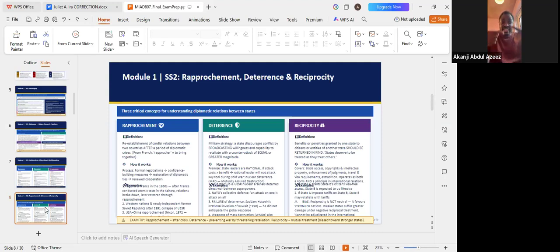That is rapprochement in the international system. When country A and country B fight, and after the conflict they restore friendly relationships, that is rapprochement. It is derived from the French word rapprocher, to come together.